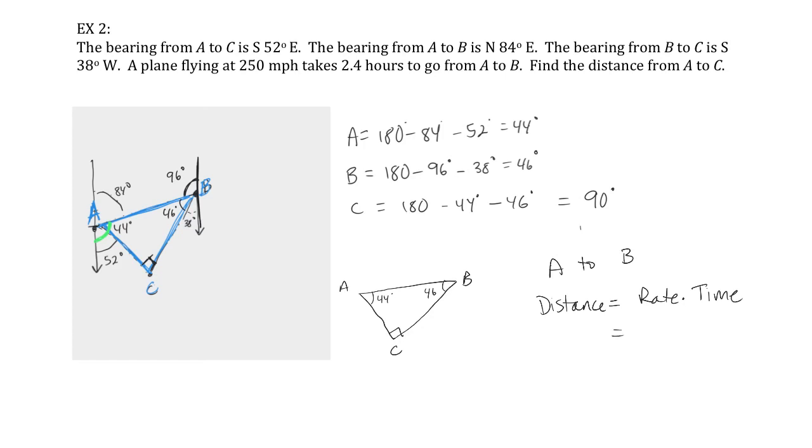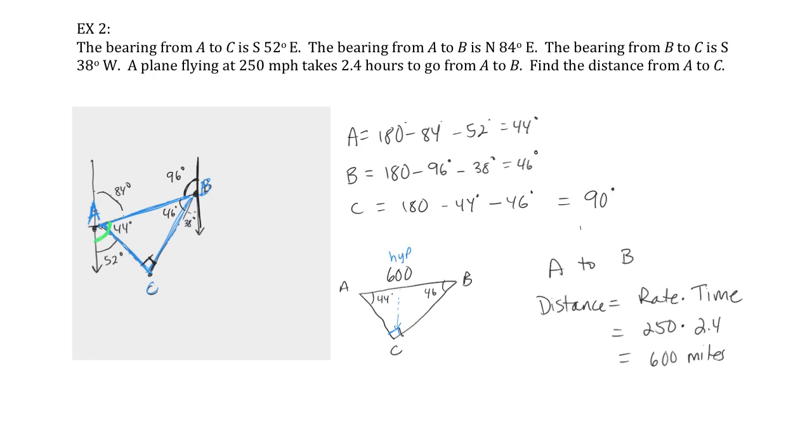So we have a rate of 250 miles per hour times the time, which is 2.4. So our distance there is 600 miles. So this is 600. Now I'm also seeing that that's across from my 90 degree. So this is my hypotenuse.